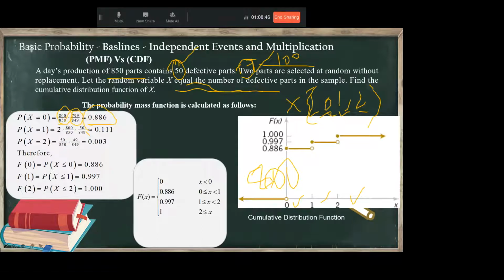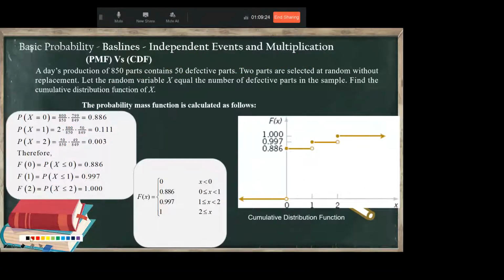Similarly, the probability of 1 out of 2 being defective. Because we are dealing with two draws, the total is 2. So 2 times 800 by 850, that's the probability of a non-defective part, times the probability of a defective part. Like in the example of a coin, what did we do?